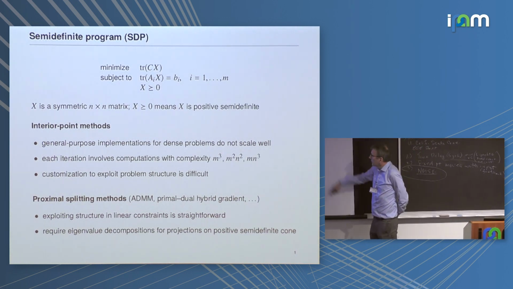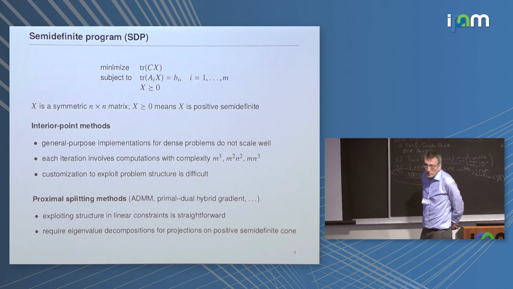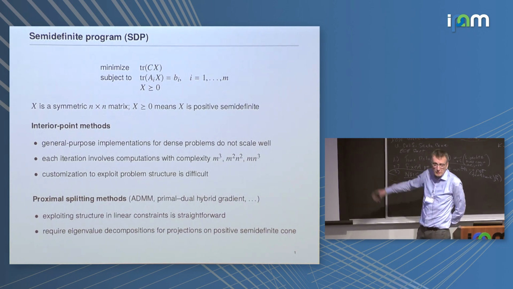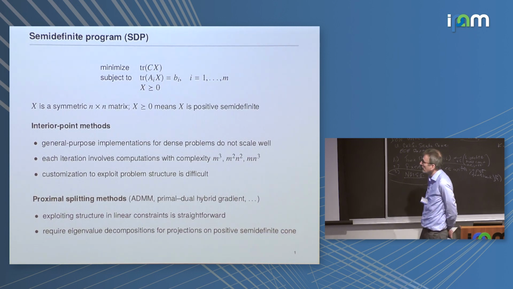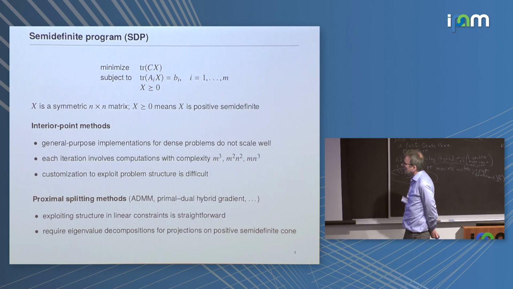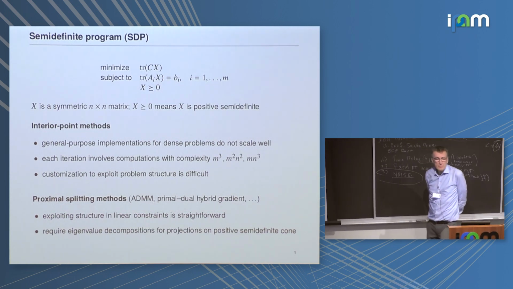And we look more specifically at the cost of the existing solvers. For the interior point methods, which were developed actually 20 years ago, even the more recent solvers are based on algorithms that were developed 20 years ago. They don't scale well because per iteration the computations, for a dense problem, include terms m cubed, where m is the number of equality constraints, because you have to solve at each iteration a fairly dense m by m set of linear equations.